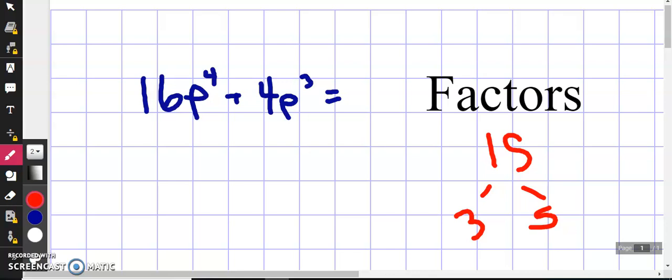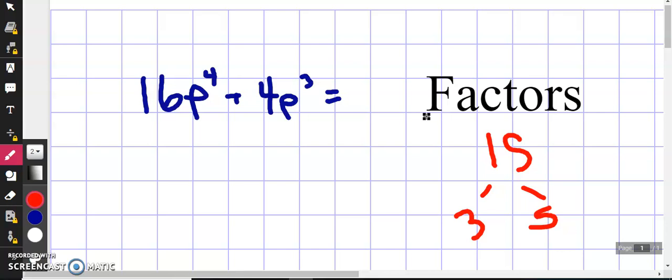So, if I'm factoring a polynomial, I'm basically asking you to do the same thing, only now instead of just giving me two numbers, you're going to give me two smaller polynomials.